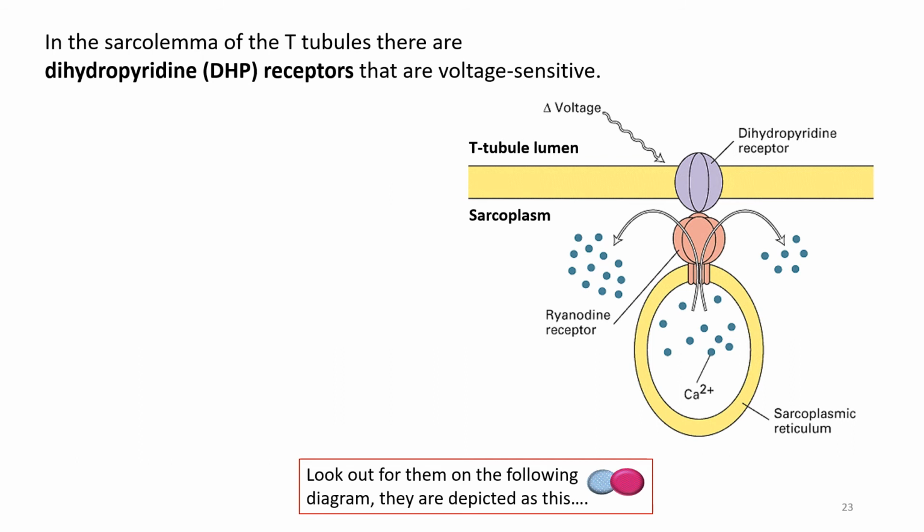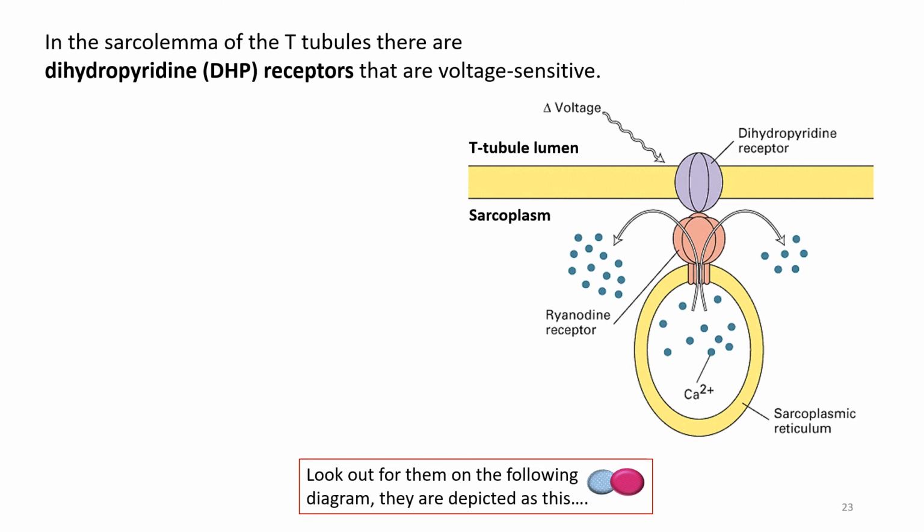So, in the sarcolemma, another structure we need to think about are these receptors that are voltage sensitive, and they're found down the T tubules, built into the sarcolemma that dips down into these T tubules.